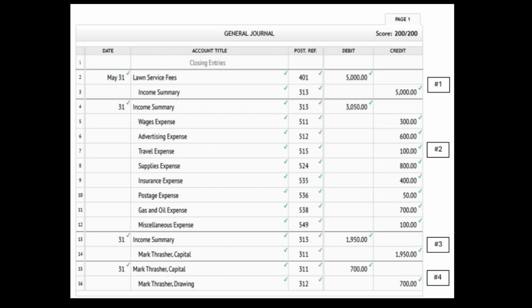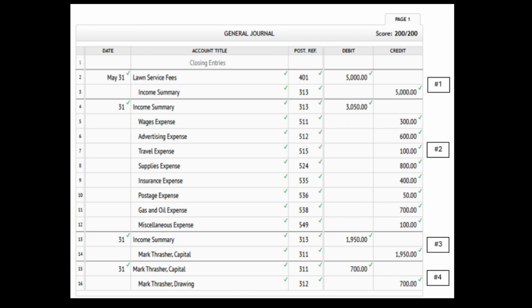In the next section, the next thing we did in the 4-step closing process was we closed expenses to income summary. All of the expense amounts that we entered when we closed those accounts were credit entries, so those are all going to be listed second. You can type in income summary and leave it blank for right now, but then you can go down and do your wage expense, advertising, all the way to miscellaneous.